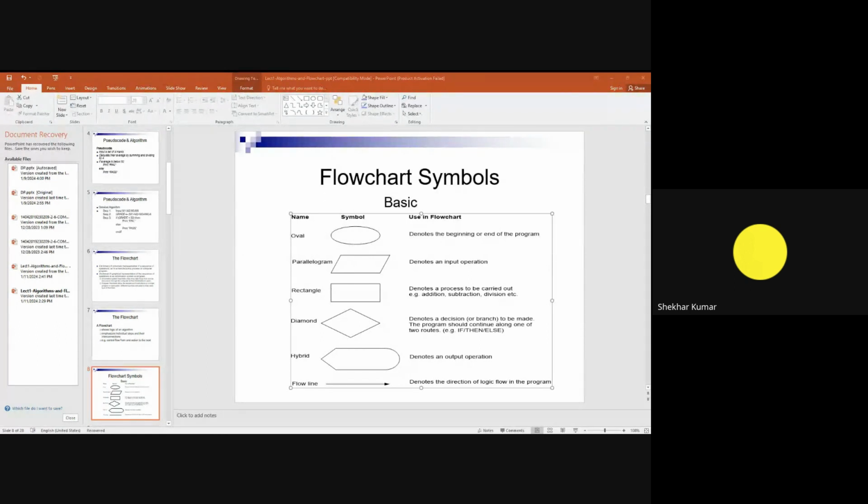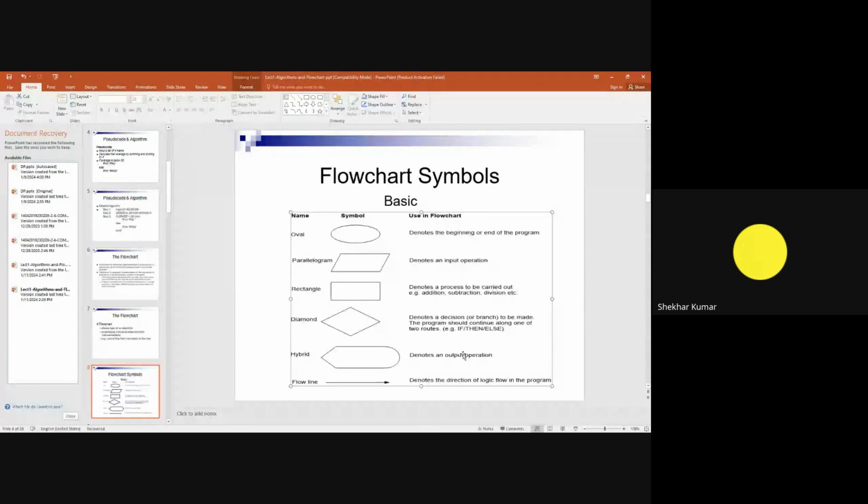You can see the diamond shape. This diamond-shaped symbol is used for looping and branching. If there is decision making, then this is used. So this diamond symbol denotes a decision or a branch to be made. If there is a condition, if then else, then you use this diamond symbol.